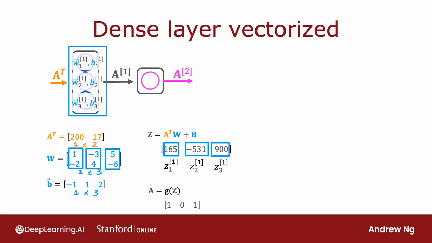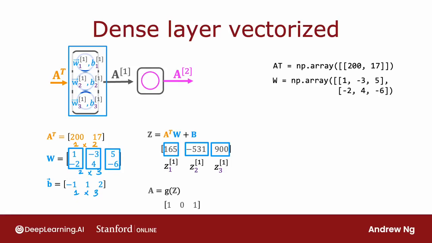Now, let's look at how you implement this in code. A transpose is equal to this, this 1x2 array of 200, 17. The matrix W is this 2x3 matrix, and B is this 1x3 matrix.